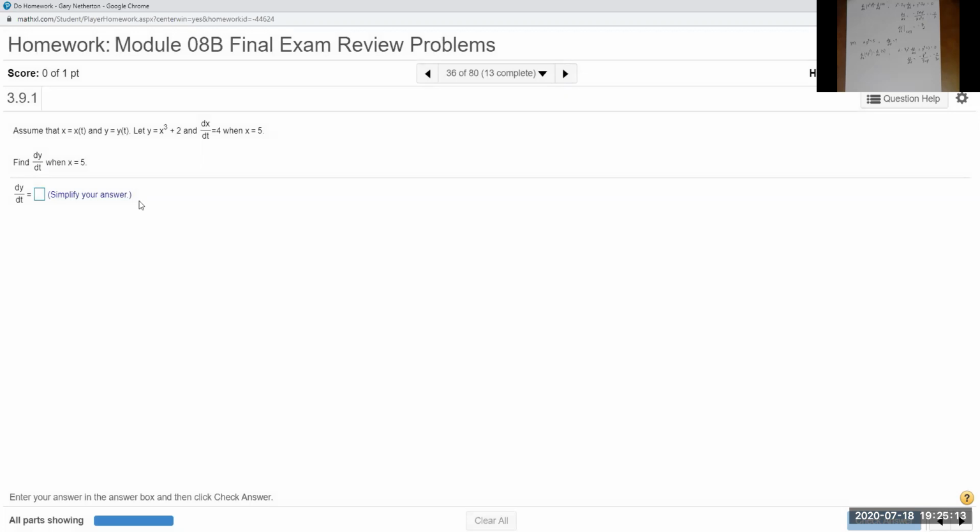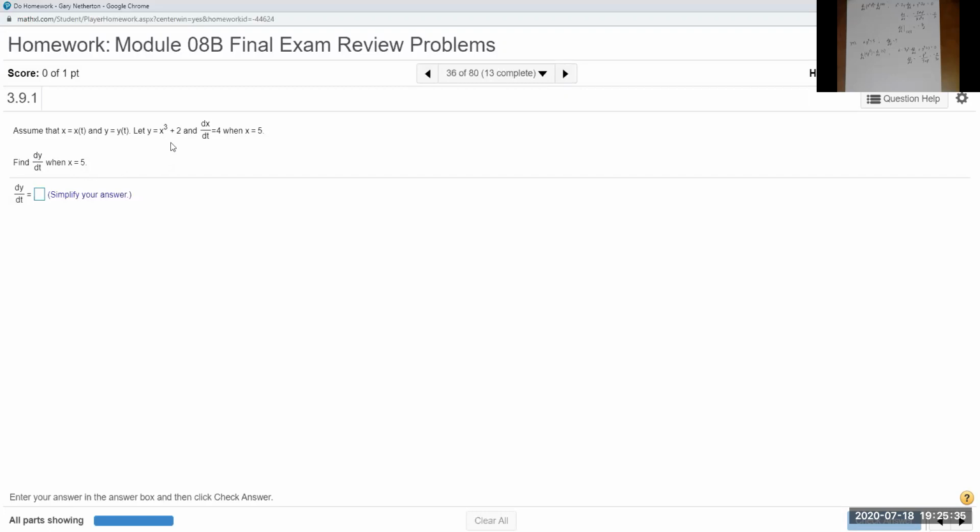All right, assume that x is x of t and y is a function of t. So here's what we're doing now. This is preparing us for what's called related rates. So I've got this equation, y equals x cubed plus 2, and then they give us this other stuff: find dy/dt when x is 5.